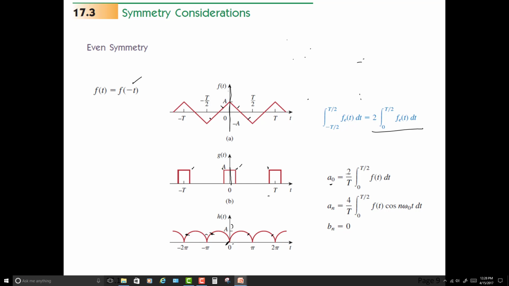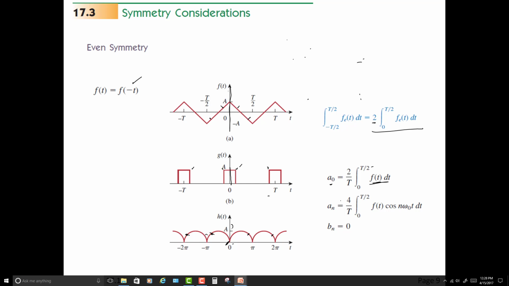is the old formula, nothing new here, and we'll take the integral from 0, so the half period of f of t dt. Okay? Remember, it was 1 over t before, over the whole period. Now we're just doubling the half period. We're invoking this to our 1 over t.